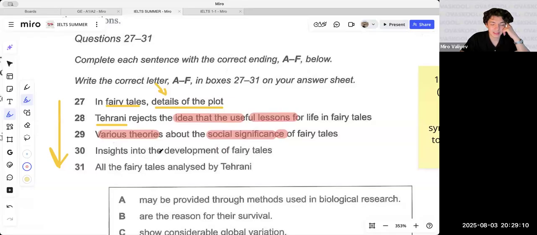That insights into the development of fairy tales. Basically, how fairy tales were developed or created or evolved. So something similar to that, I suppose. And all the fairy tales analyzed by Tehrani. All the fairy tales. So how many fairy tales he analyzed and what happened with those fairy tales, yeah?